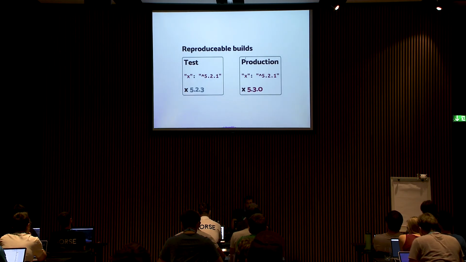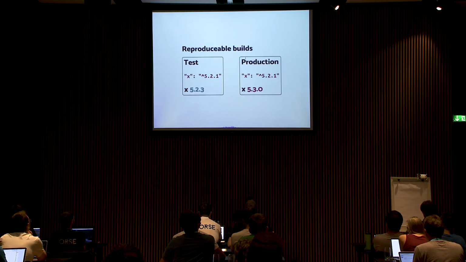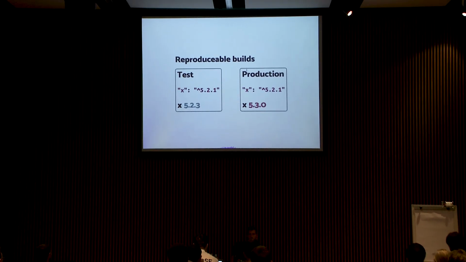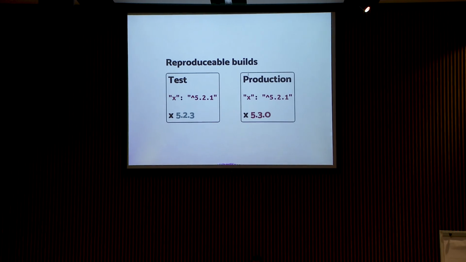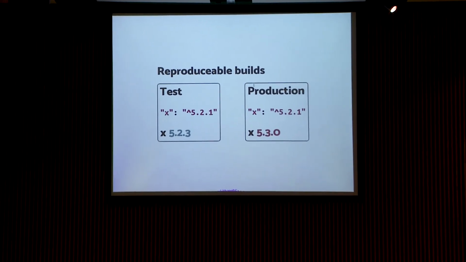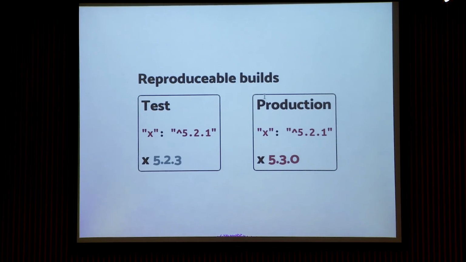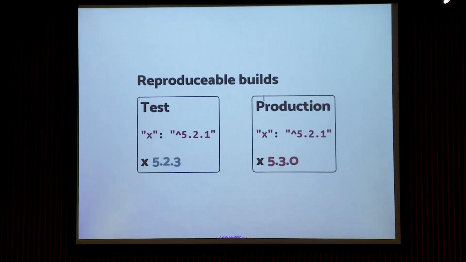Another thing that comes up with managing your installed dependencies is reproducing a build. Say your super important production system depends on library X, and you say, okay, version 5.2.1 and up is okay, and you run your tests, and it installs version 5.2.3 because that's the current version on npm, and the tests all pass, so you say, okay, put it in production.